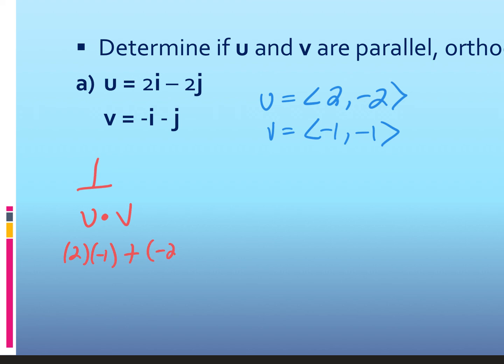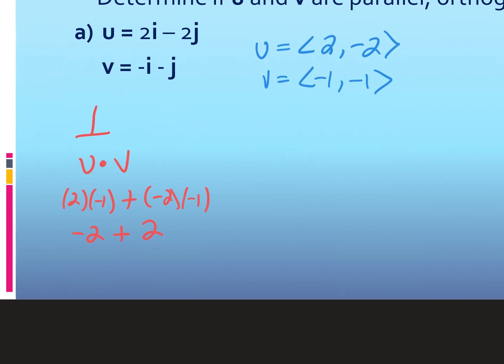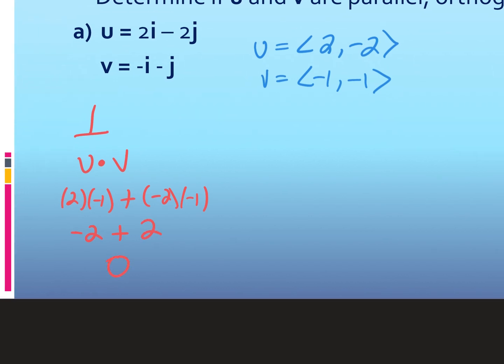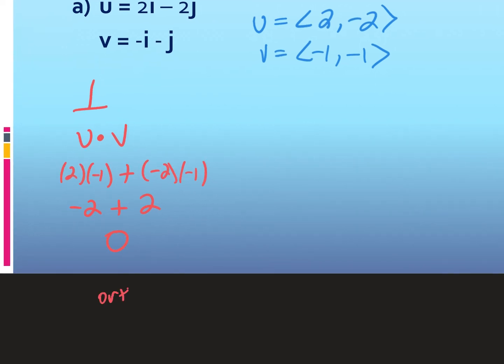Negative 2 times negative 1. Okay, so 2 times negative 1 is negative 2, right? Plus negative 2 times negative 1 is what? Positive 2. So what do we get here? 0. What did you just show to me? That they're orthogonal, okay?